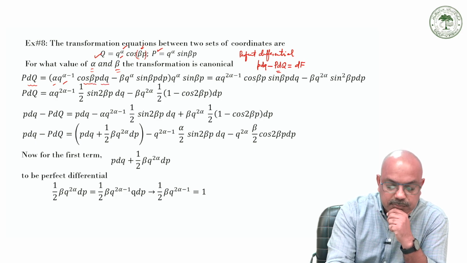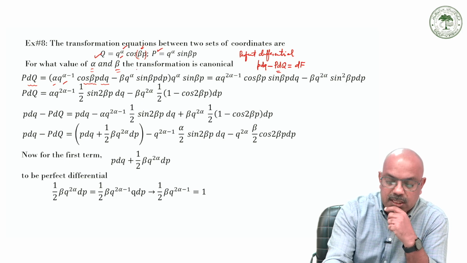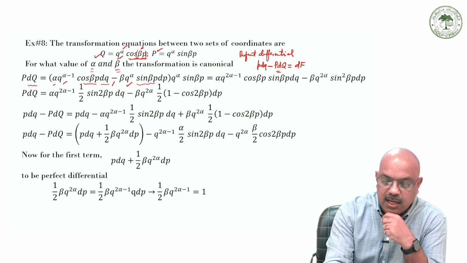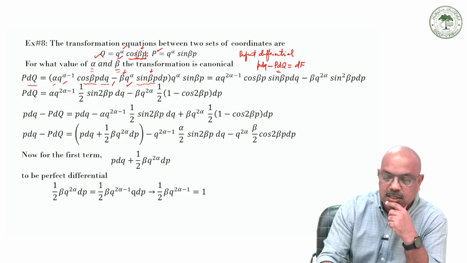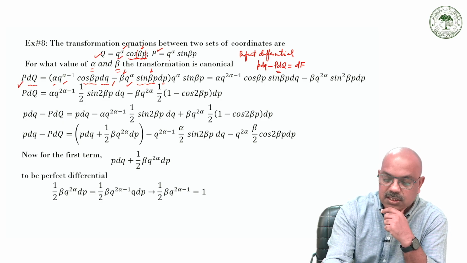And then with respect to p, q alpha remains the same, and you differentiate cos beta, which becomes minus sine. So this is minus sine beta p, dp, and then I have multiplied by this capital P, which is q alpha sine beta p.